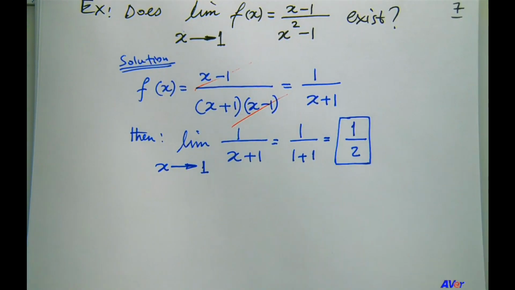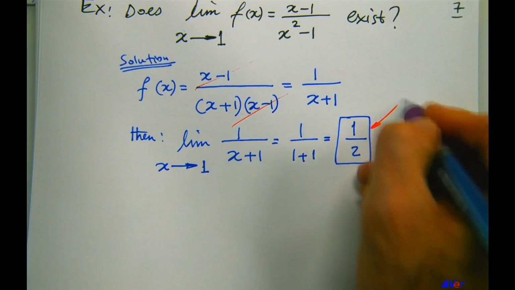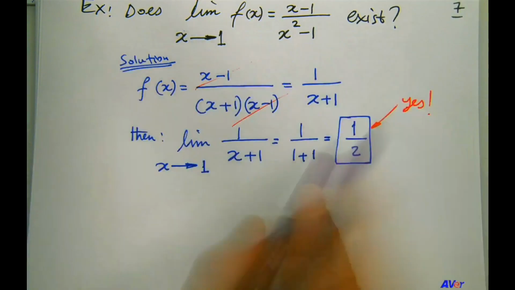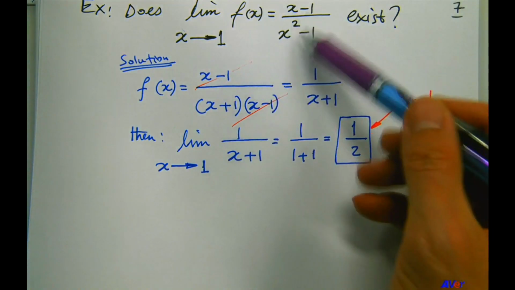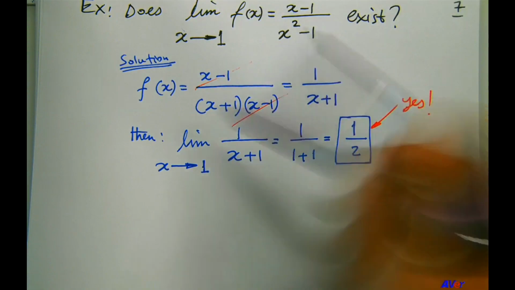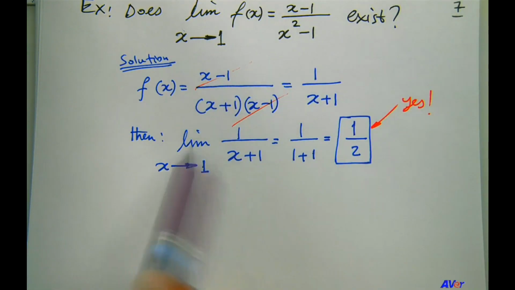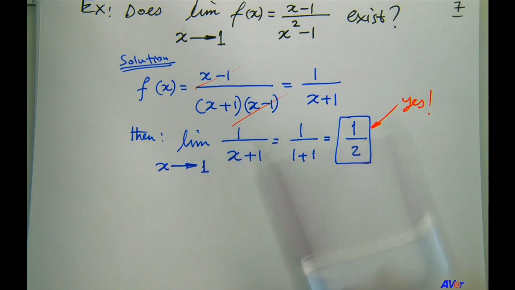So yes, the answer is yes. The limit does exist, and it's equal to 1/2. Okay, we couldn't do that in the beginning because it would make the denominator 0, but after simplifying, we can find the part of this original expression that can help us identify the limit if it exists.